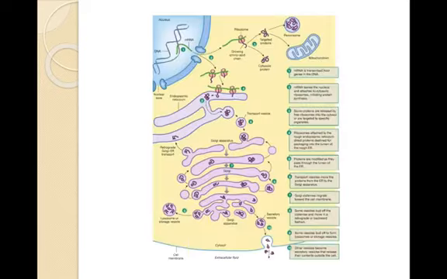You don't need to memorize this, but this is just showing you that this is within a cell, and so here's the nucleus. The yellow is the cytosol. The bluish, light purple-ish color is the endoplasmic reticulum, and then this stacked-like structure is the Golgi.